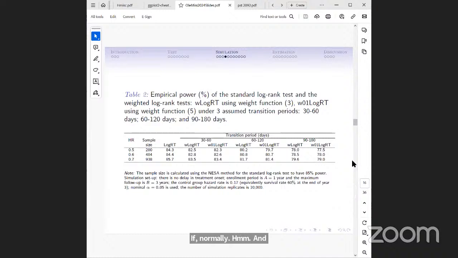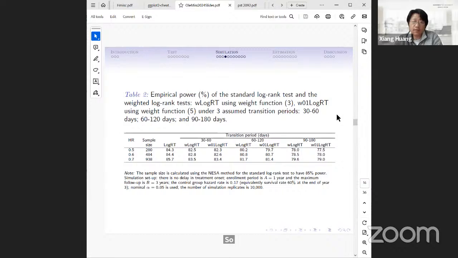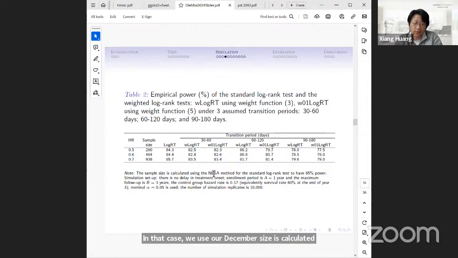Another scenario is that there's no delayed treatment effect, so the hazard ratio between the control arm and the experimental arm is always lambda. In that case, the sample size is calculated using our numerical evaluation of the Schoenfeld approximation.